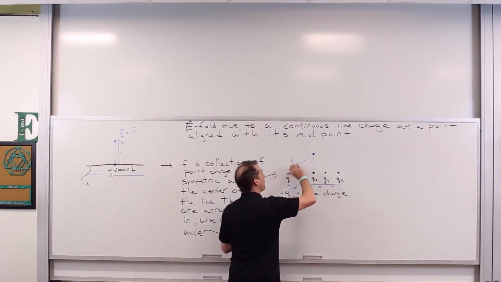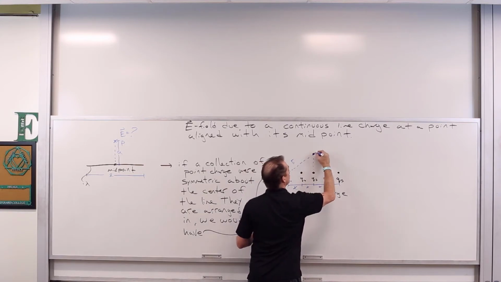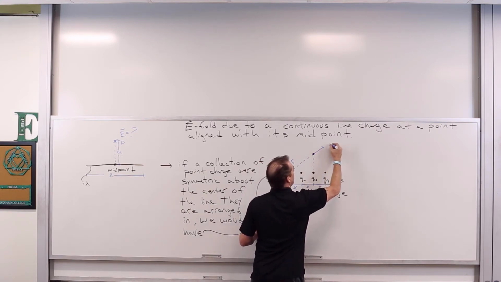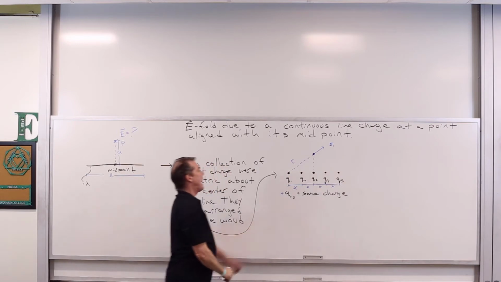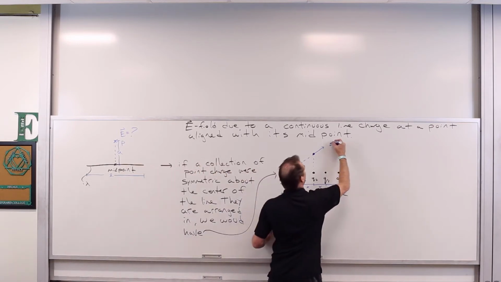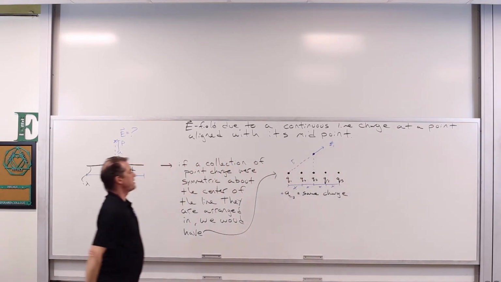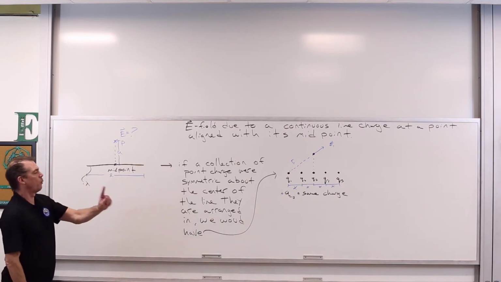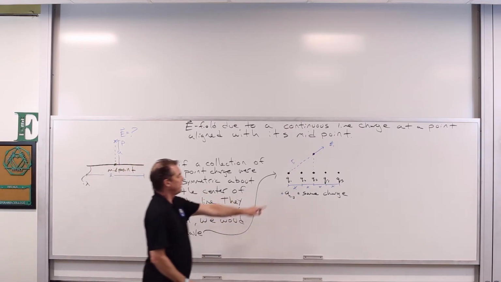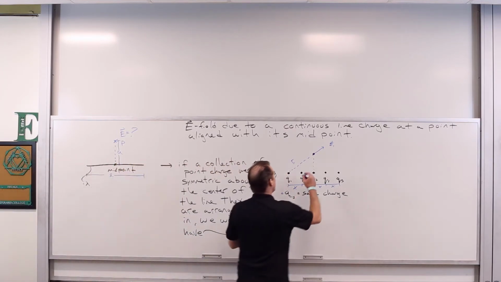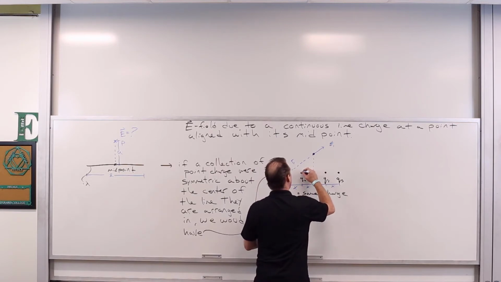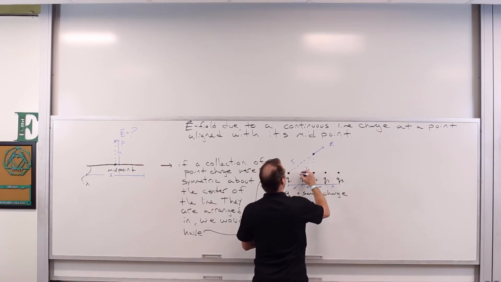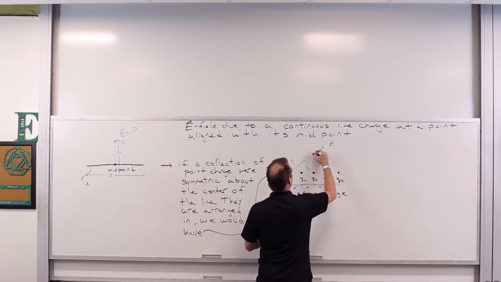So radially outward is in this direction, and that would be like our E hat 1. Fantastic. So there's the electric field due to just that one charge. We've also got the electric field due to this charge here. This charge is some distance away, which I could call R2, and its electric field would be more like this.